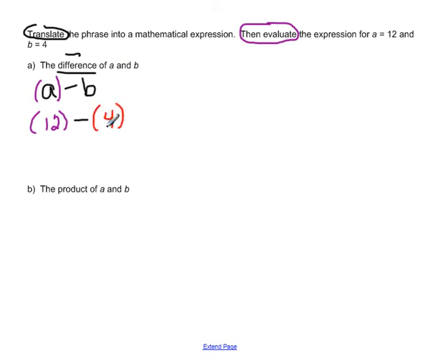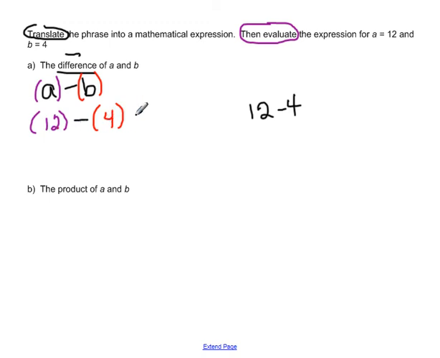Now you might be thinking, do I really need to put in those parentheses? And it's true that you really don't need to in this particular problem, but there will be problems where having the parentheses is really helpful. So every time I do an evaluate problem, I typically isolate my variable in the parentheses, slip the variable out, and slip the value in, so that I've got the parentheses in case I need them.